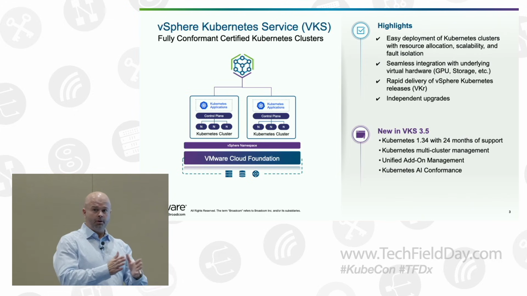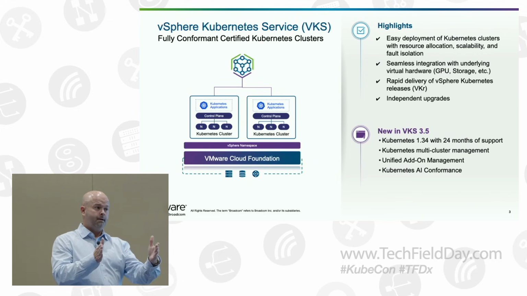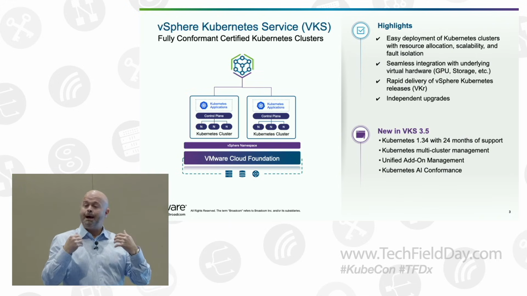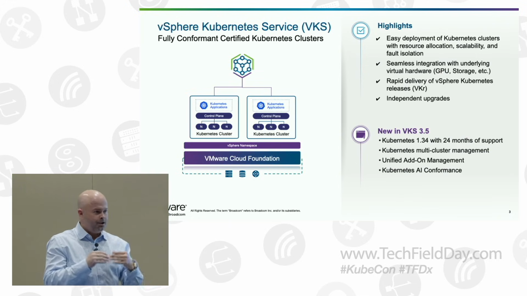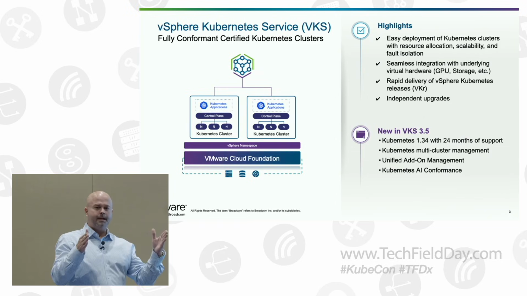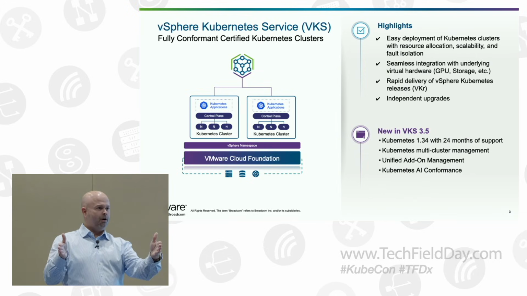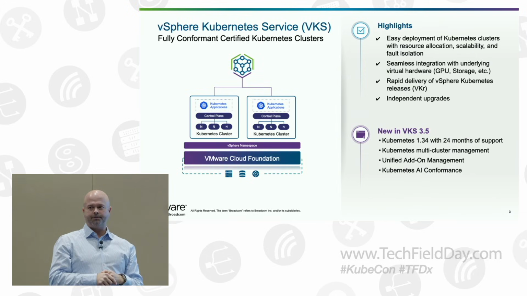Now, Kubernetes 1.34 in our stack will also come with 24 months of support, which is pretty nice. The Kubernetes community has a more limited support time frame for a version of Kubernetes. And so what we're doing is giving the applications that are running in your enterprise additional leeway on a version of Kubernetes. We've been told by our customers that upgrading is tricky enough in Kubernetes, and we need a certain amount of time on a version for our workloads.